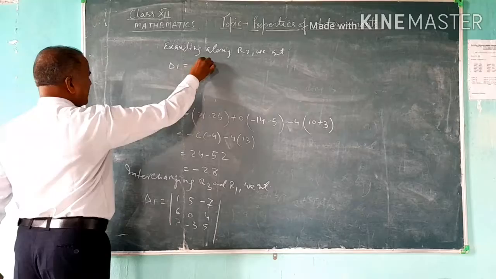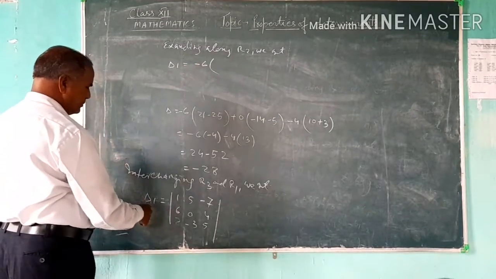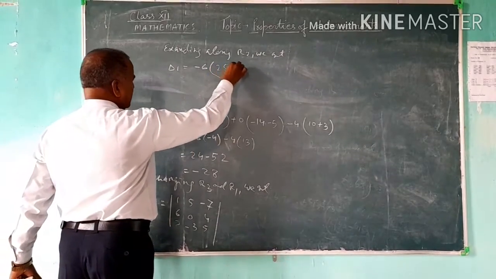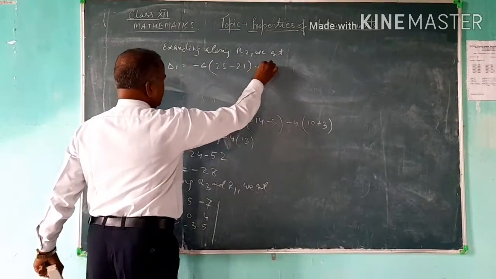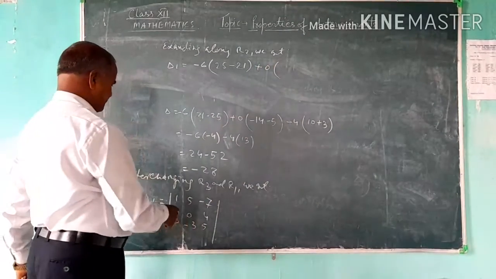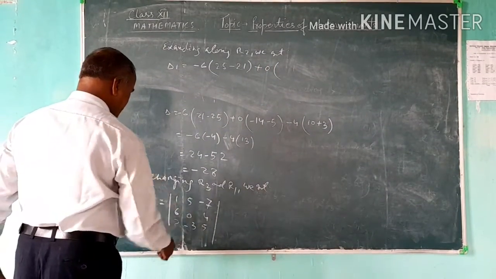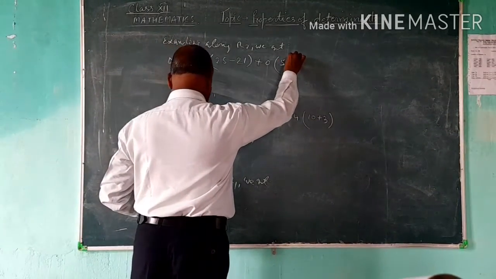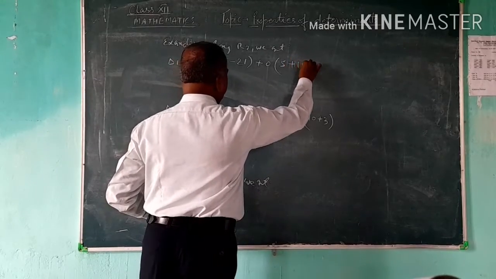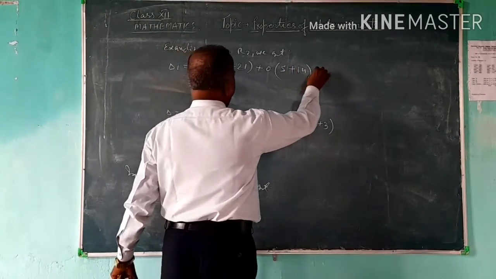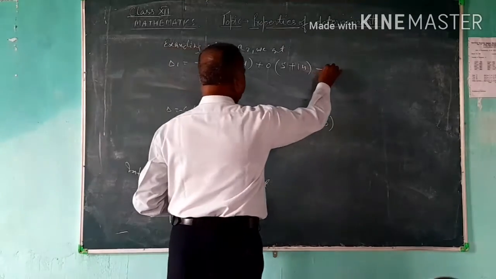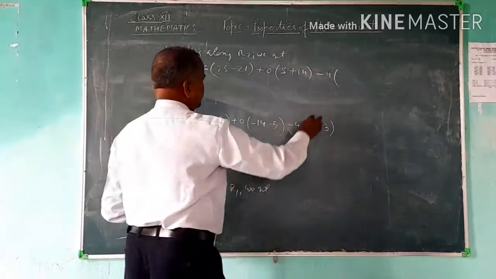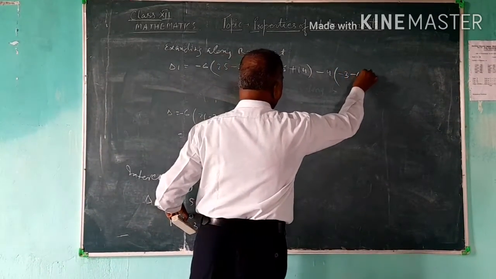delta 1 is equal to minus 6 into (25 minus 21) plus 0 into (5 plus 14) minus 4 into (minus 3 minus 10).